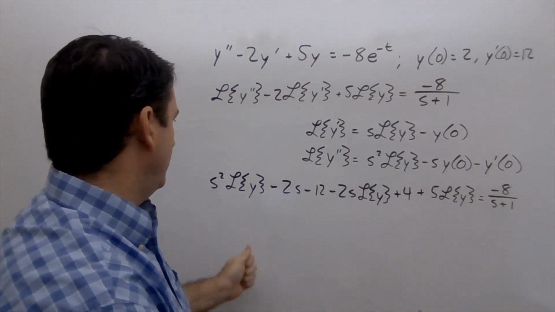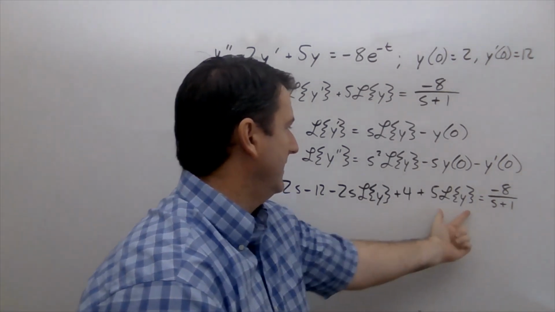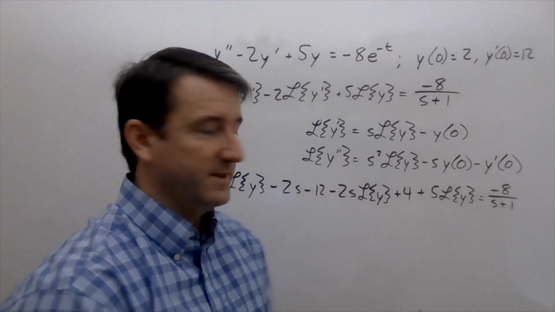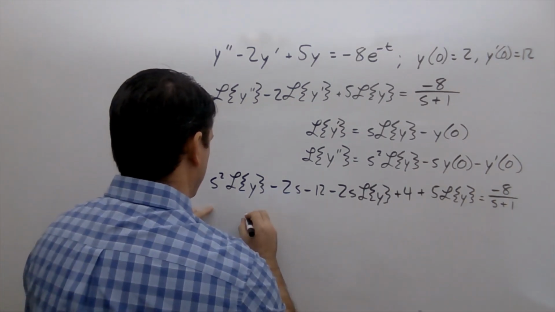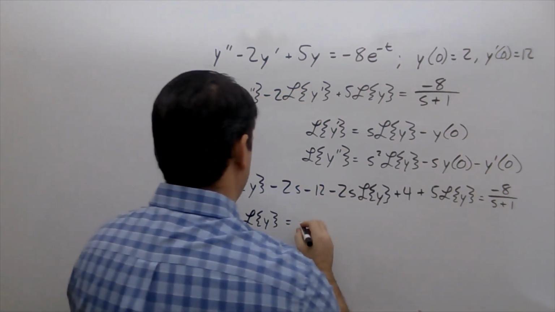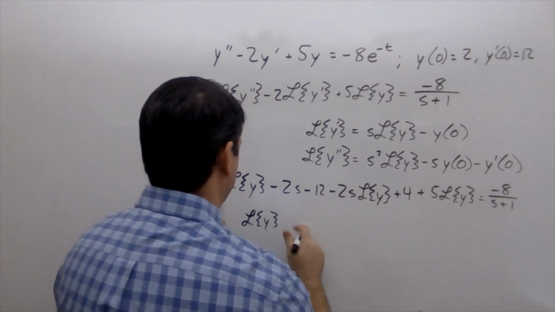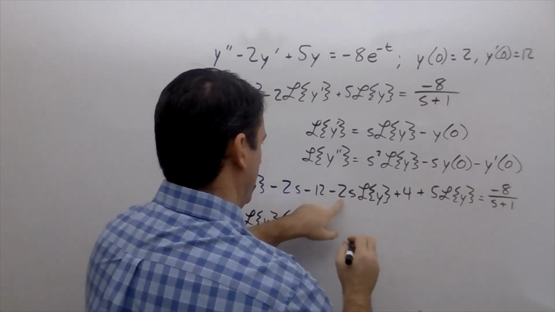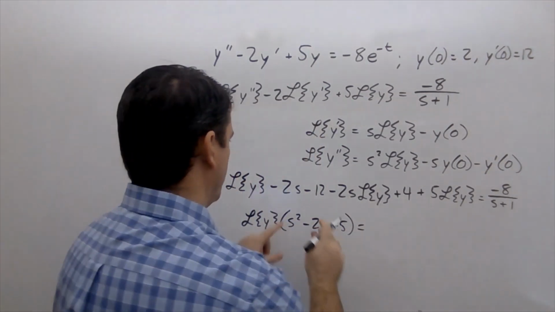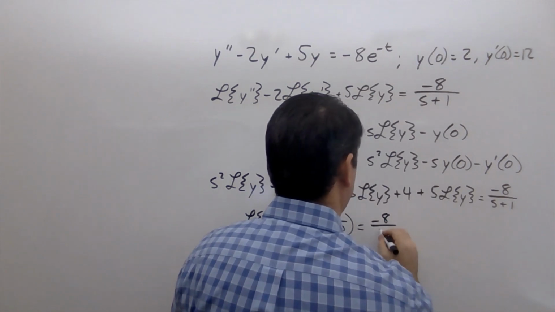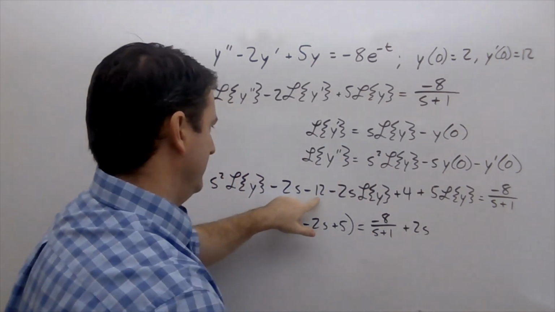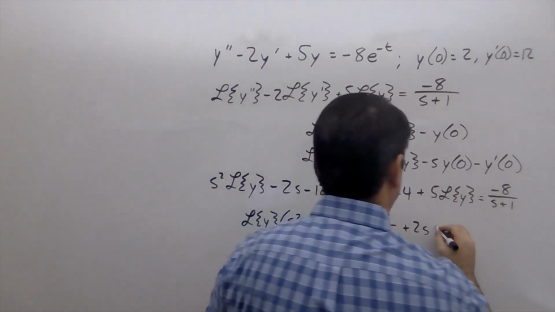All right, now let's factor out these Laplace transforms of y and then move everything else over to the other side. So we're going to get the Laplace transform of y times s squared minus 2s plus 5 is equal to -8 over s plus 1 plus 2s, and then this is going to be -8, so this will be plus 8.